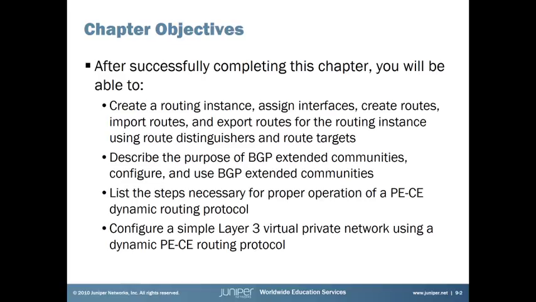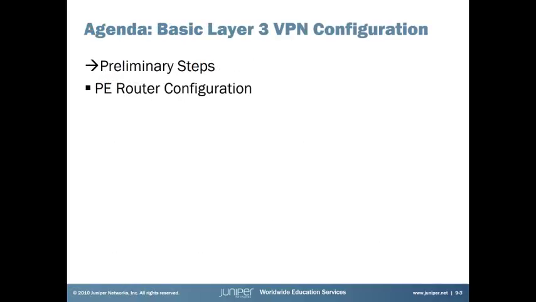We're going to look at how to set all this up. We're going to set up a routing instance, assign interfaces, create routes, import routes, export routes. For the routing instance, we're going to use route distinguishers and route targets. We're going to look at the purpose of BGP extended communities, configure and use those communities, list the steps necessary for proper operation of the PE-CE dynamic routing protocol, and configure a simple layer 3 virtual private network using a dynamic PE and CE routing protocol.